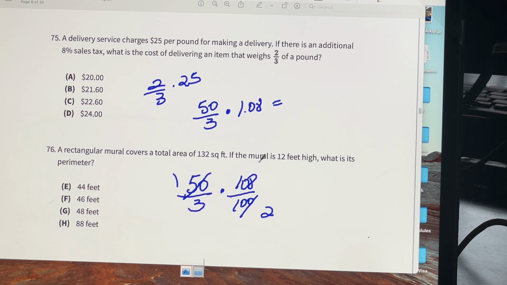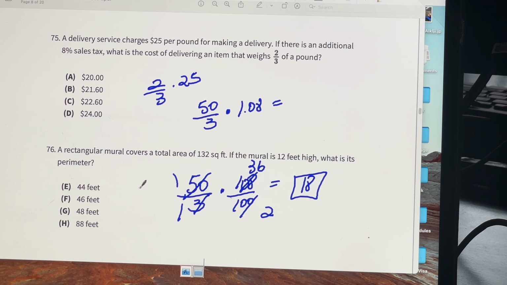So 108 divided by 3 is 36. And then 36 divided by 2 is 18.